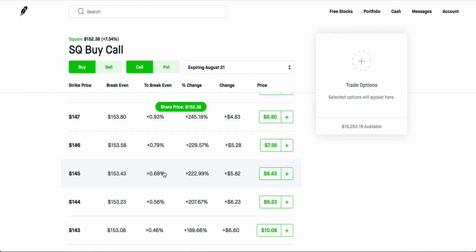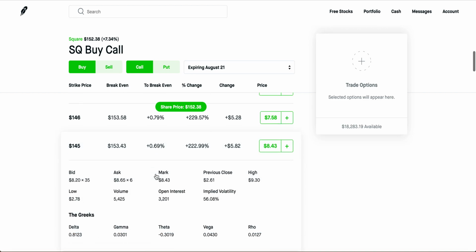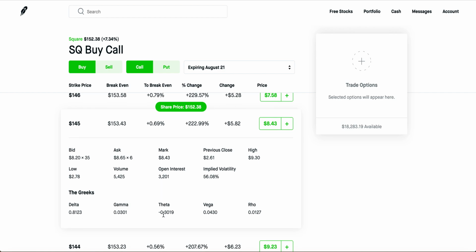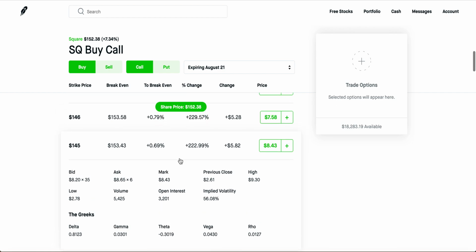So basically you can literally exercise this option and get $7.38, so $738. You are $738 in the money, so all you're paying is about $1.43. Also, if you look at the theta, it's 30. You're losing only $30 if it opens flat.